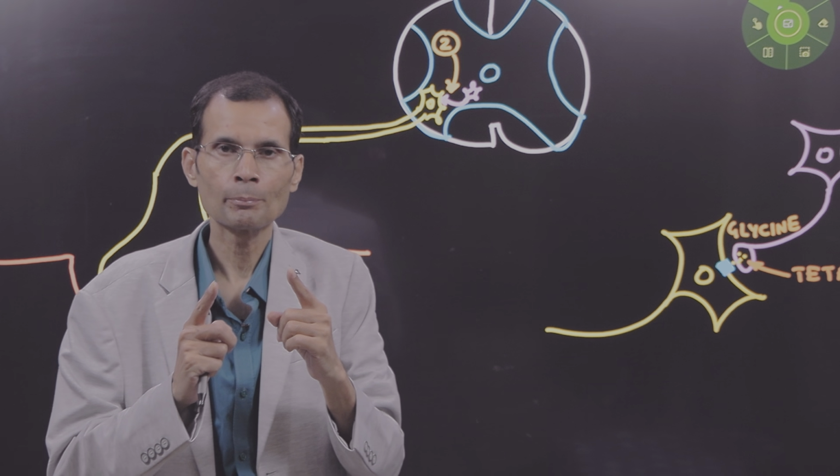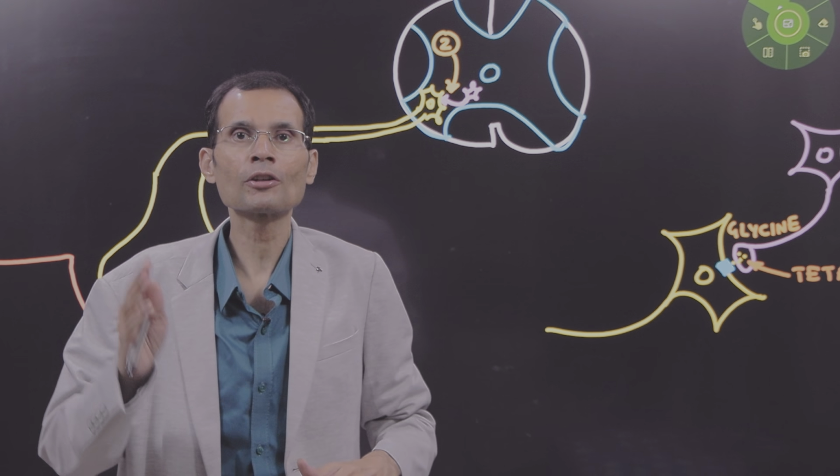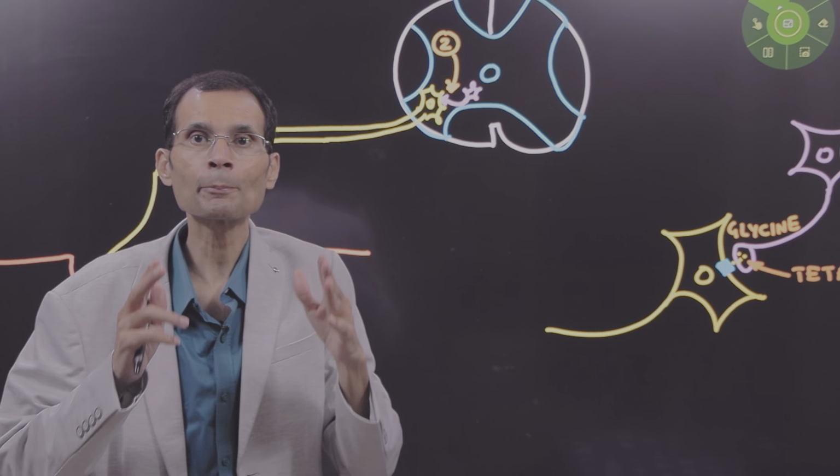Mark the difference between the action of strychnine and action of tetanus toxin. Strychnine was simply binding with the glycine receptor. It was not interfering with the release of glycine. Whereas tetanus toxin went all the way from the muscle injury, into the motor neuron, to the spinal cord in a retrograde fashion, and finally, as it enters this inhibitory interneuron, it will interfere with the SNARE proteins.